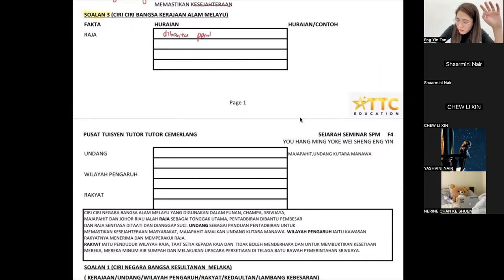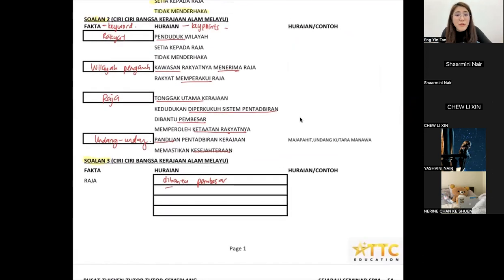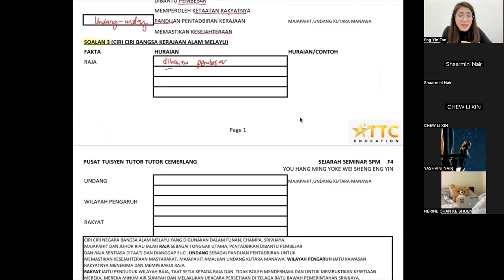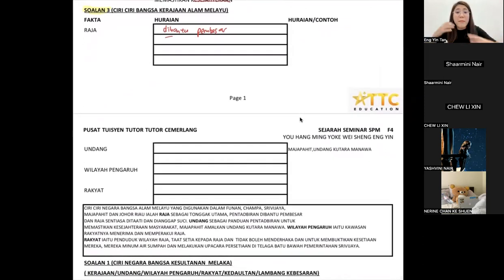Other than being helped by the pembesar, he needs the taat setia daripada rakyat. So you just write whatever you remember. You try your best. You don't need to follow my style exactly. Guys, this is a way of memorization. So in this case, it's for you to memorize.